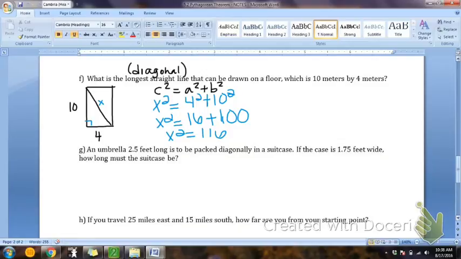Now, I have a difference in rounding. This is interesting. Some of you have rounded differently, so we're going to talk about rounding in just a second. Okay, now you can use your calculator.